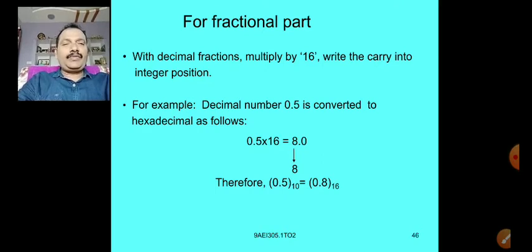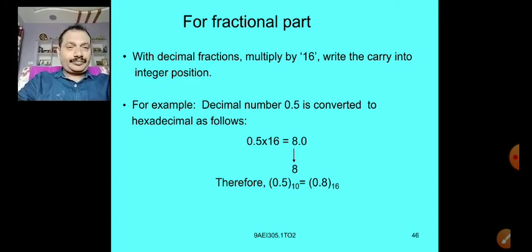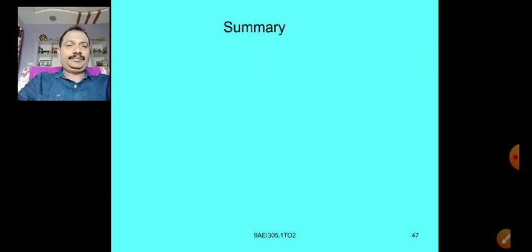So there is no fractional part remaining, and you can write like this: 0.5 of the decimal number is equal to 0.8 of hexadecimal number.